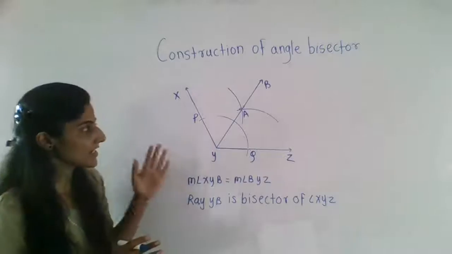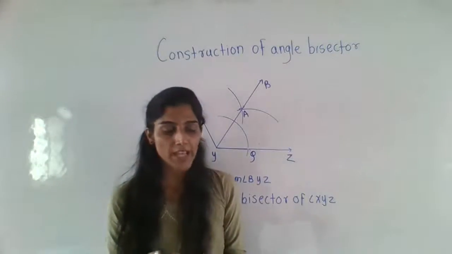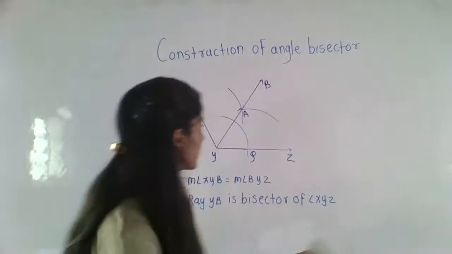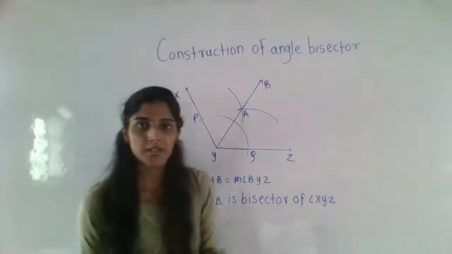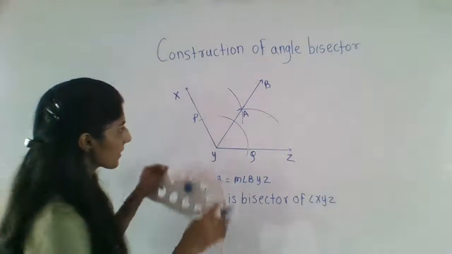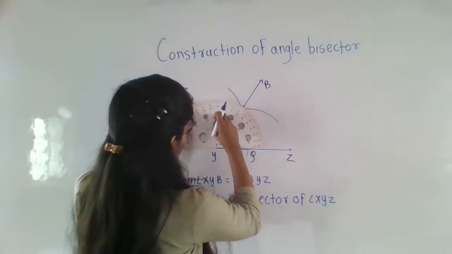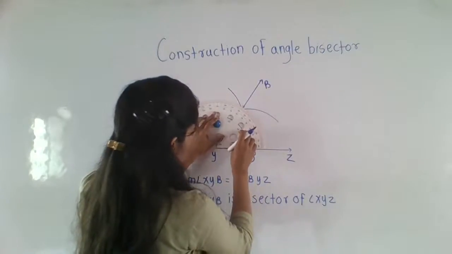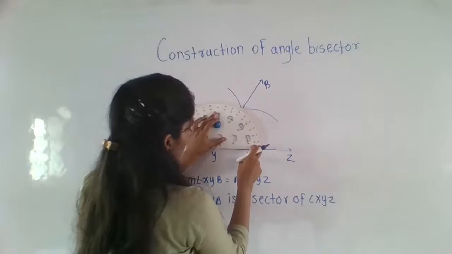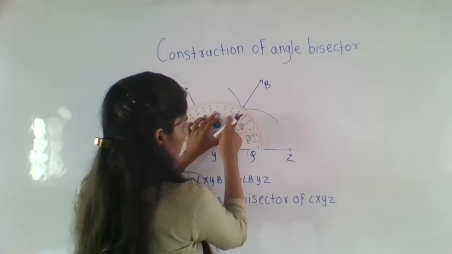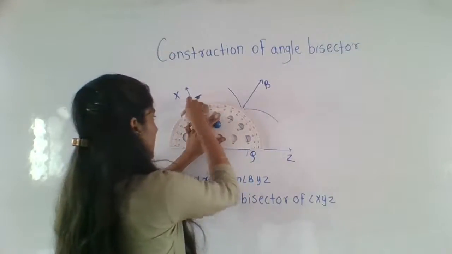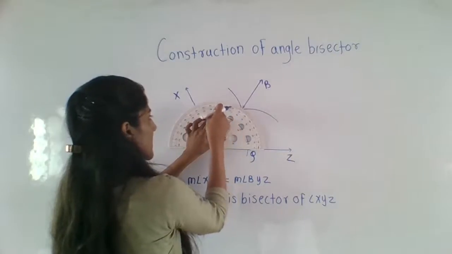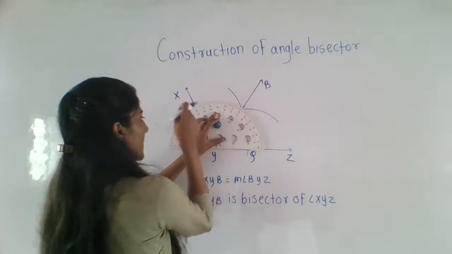Understand how we can construct the angle bisector of any angle? Here we have taken an angle of measure 120 degrees and you can verify by using the protractor like this. Check the first angle is of measure 60 degrees, and the second angle is at 120, means 60, 70, 80, 90, 100, 110 and 120.